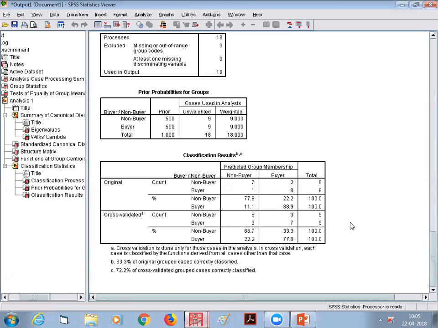HDFC is a private sector bank, and where is its share price? ICICI, Yes Bank, IndusInd Bank, or newer banks, people have more trust in them. Whereas the earlier traditional public sector banks like Vijaya Bank, Syndicate Bank have a very long history, but where are their share prices?